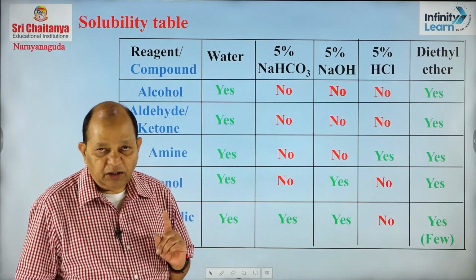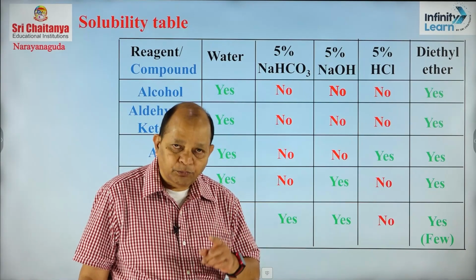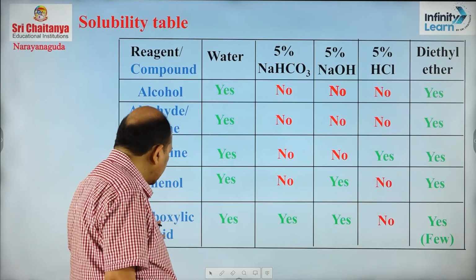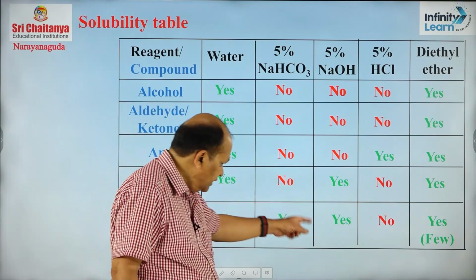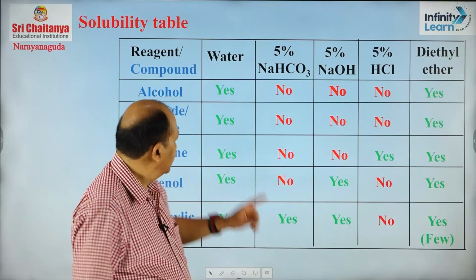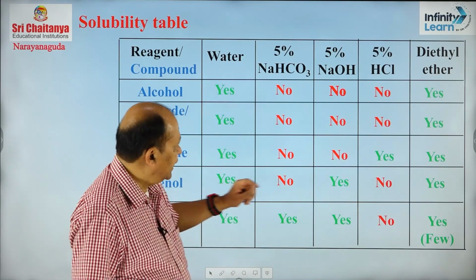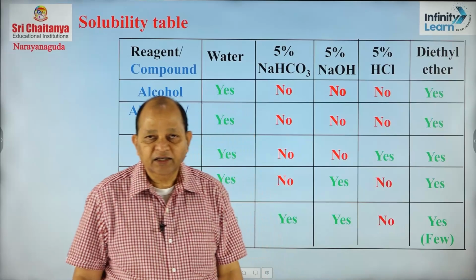So, with the help of the solubility table, you will be able to identify to what class a compound belongs. That is, acidic compounds are soluble in bases, basic compounds are soluble in acids. Neutral lower ones are soluble in water and also in ether.